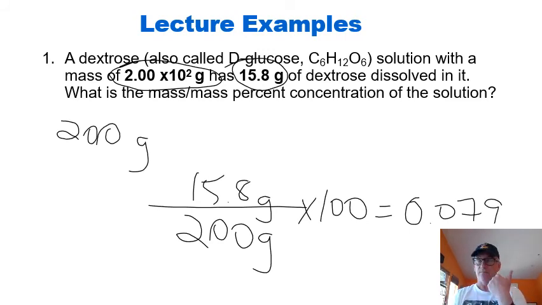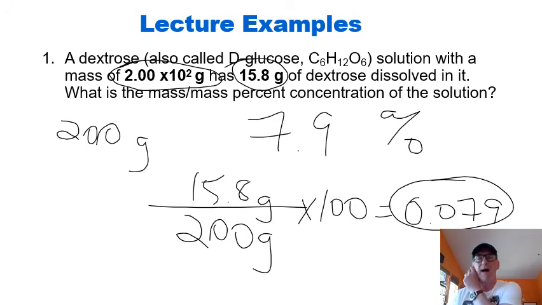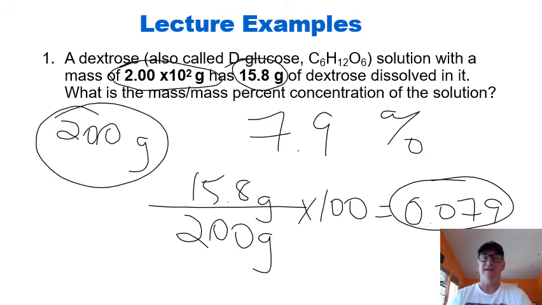So then we try to figure out what we report as our percentage, because we're going to multiply this number by 100. If we multiply this number by 100, we get 7.9%. But we have 3 significant digits in both masses.